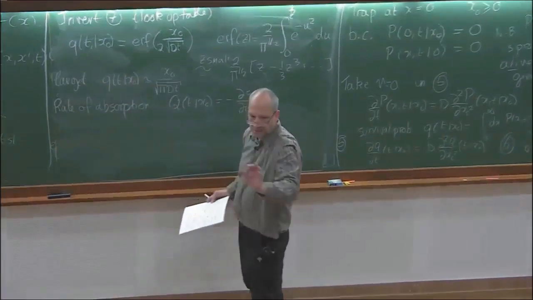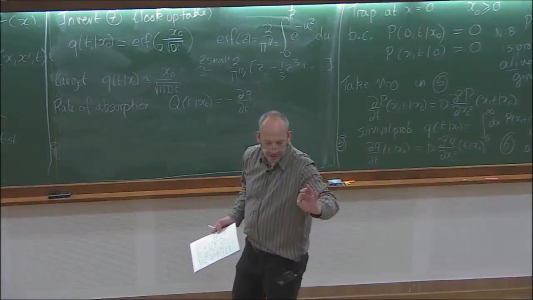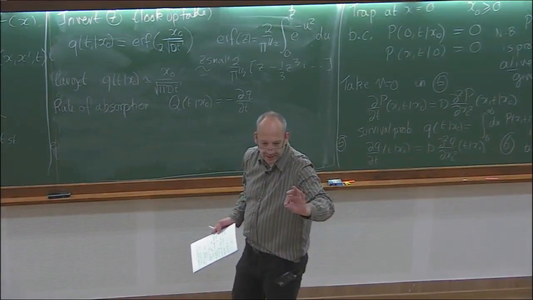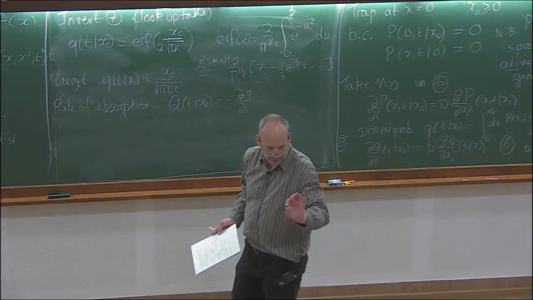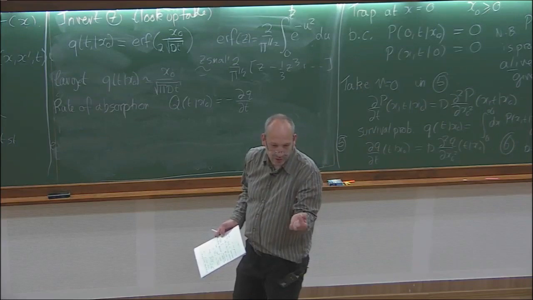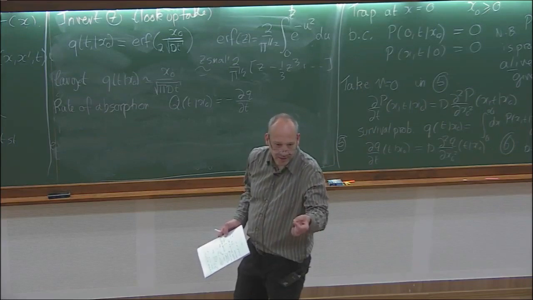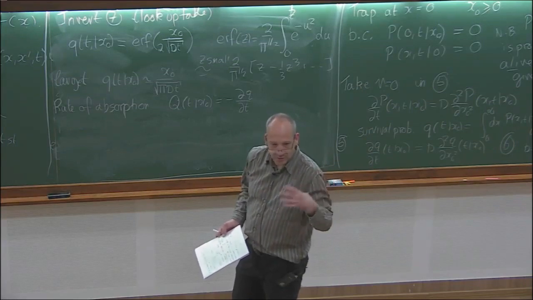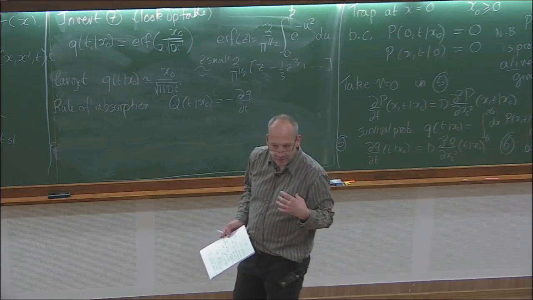If the survival probability is decreasing, the rate at which it decreases is the rate at which the particle will be absorbed at time t. Because when it gets absorbed, you lose survival probability. You just need to think about that. It's actually a simple thing.